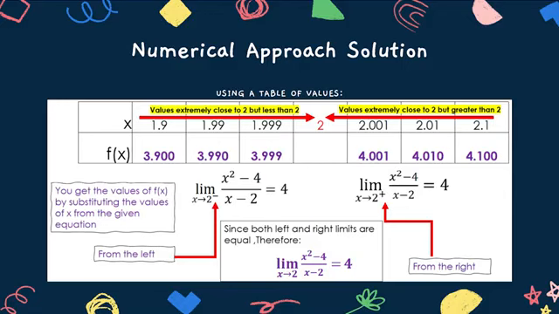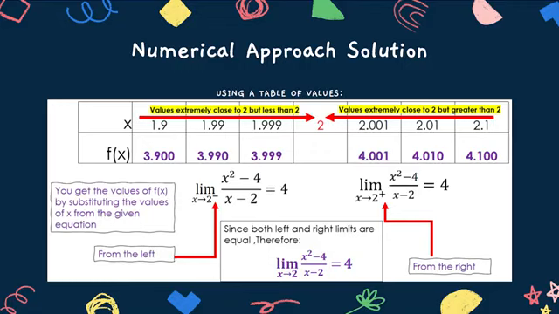Then try 1.99: 1.99 squared minus 4 all over 1.99 minus 2, which evaluates to 3.990. Then you do the same for 1.999, and f of x yields 3.999.